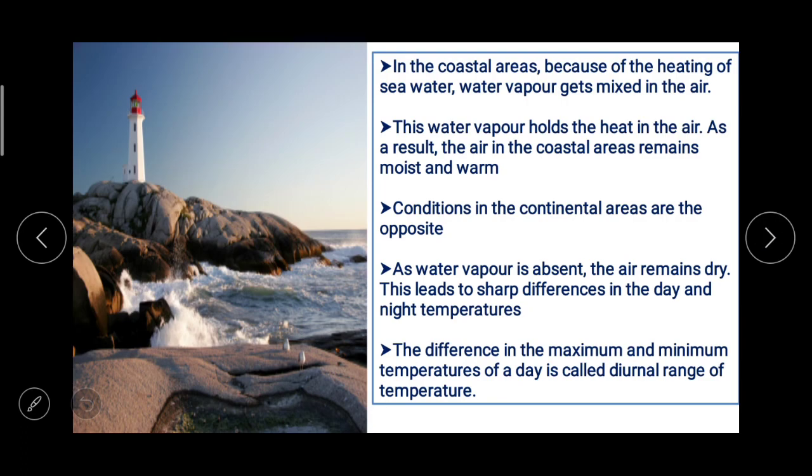Now the next thing, in the coastal areas, because of the heating of seawater, water vapor gets mixed in the air. This water vapor holds the heat in the air, and because of this, the air in the coastal areas remains moist and warm.